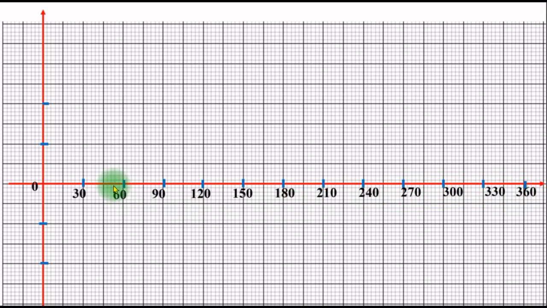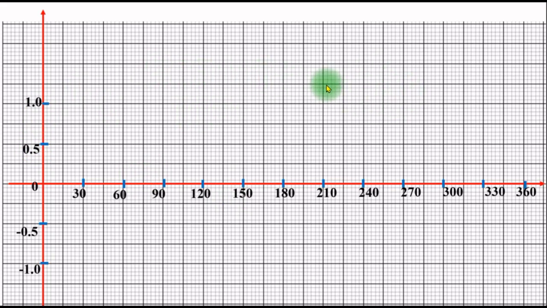We do the same with the y-axis: the negative values are minus 0.5 and minus 1.0, and the positive values are 0.5 and 1.0.